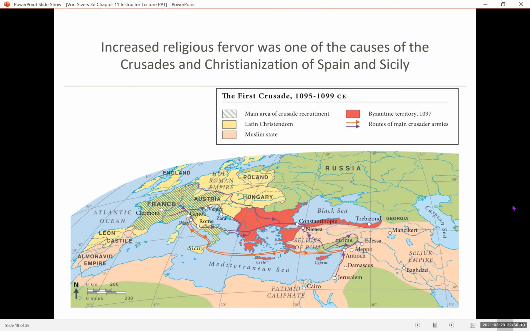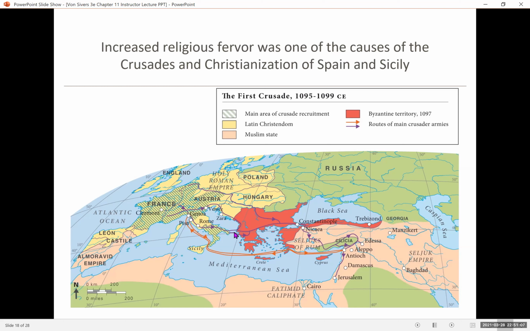Religious fervor itself is going to lead to the Crusades. And these are a very controversial moment in European history in which usually lords of the manor, sometimes heads of states and knights are going to go to the Levant, this area on the easternmost part of the Mediterranean Sea, because the Seljuk Turks, which I talked about last chapter, had taken the area.